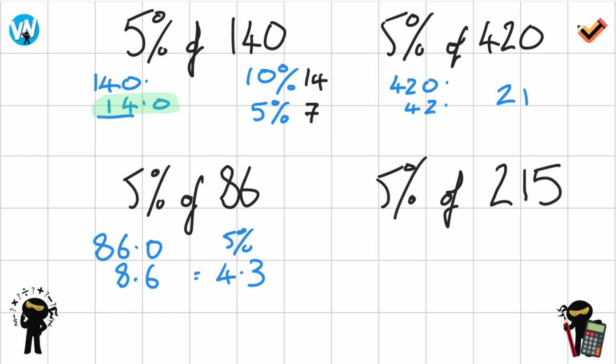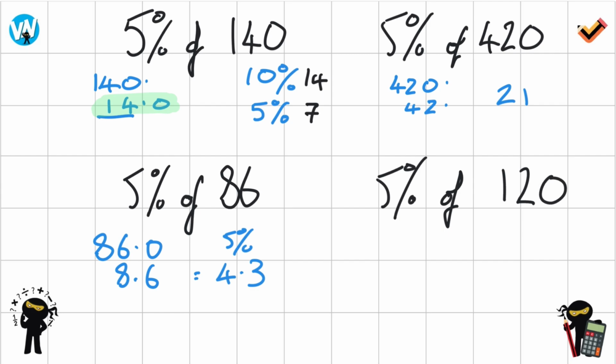And again, the final one, 5% of 215. I'm just going to change this one just slightly, just because I don't really think you're going to need to do that. You might not have been able to see me change that. But let's just say 5% of 120. Okay, just for argument's sake.